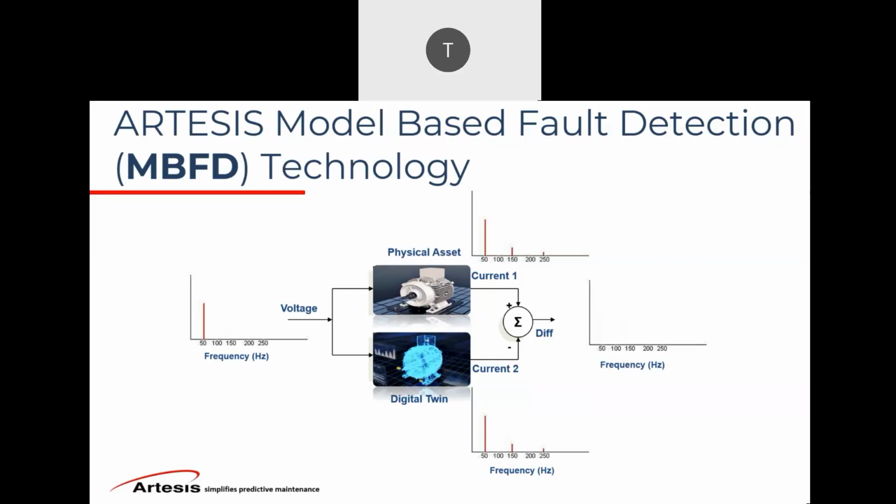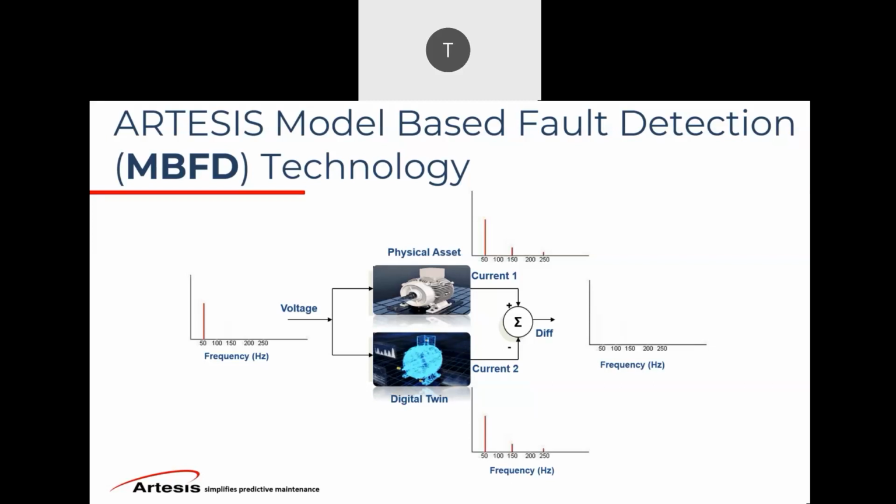And then what the EMCM does here is it creates the digital twin and replicates the motor itself, and has the same level of current outputs at, of course, different operational conditions of the motor.